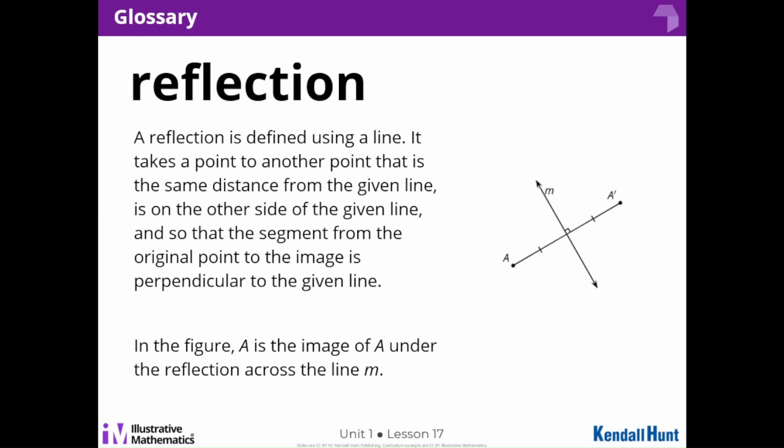So in this example, line M is going to be that perpendicular bisector. So if we were to fold A over line M, we would create A prime.